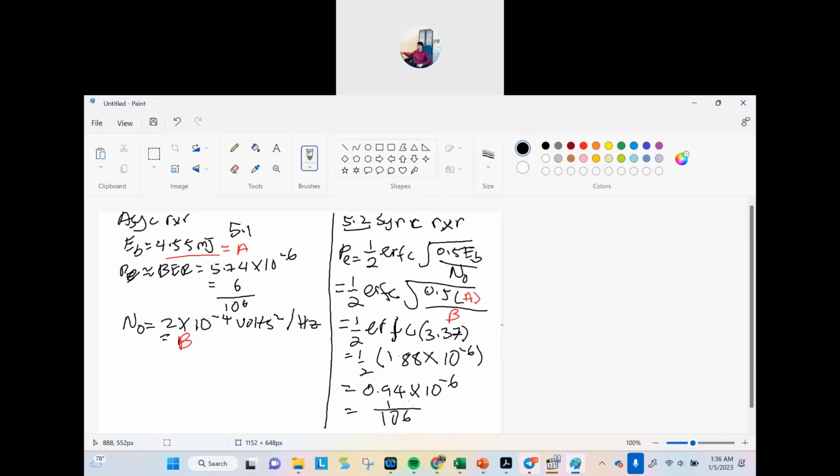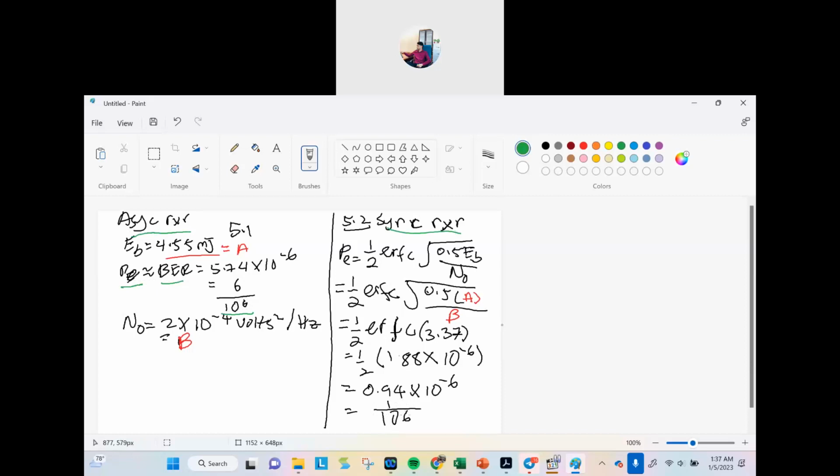So if you compare between the asynchronous receiver, let me use a different color, for the asynchronous receiver you can see that the probability of error or bit error rate is 6 error bits over 10 to the power of 6. But for the synchronous receiver, you only find 1 error bit over 10 to the power of 6 bits.